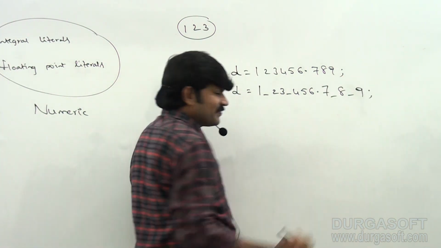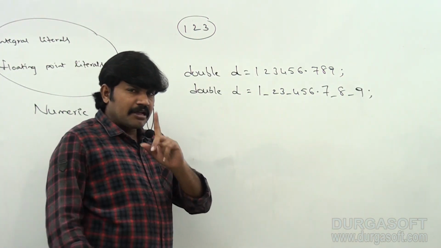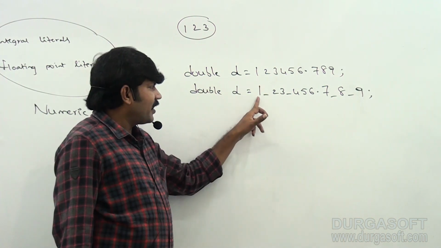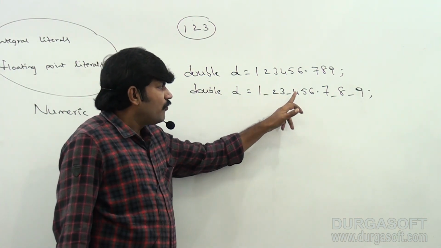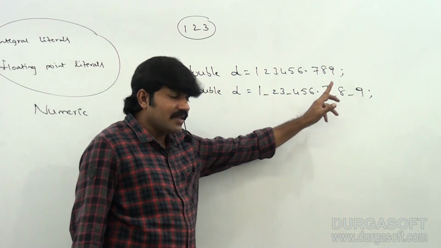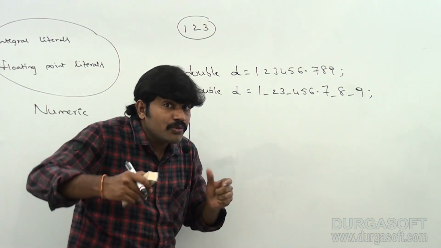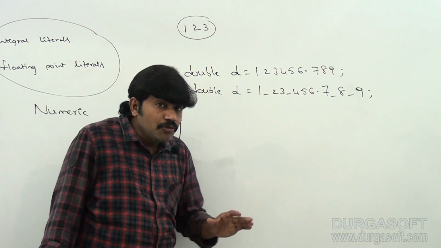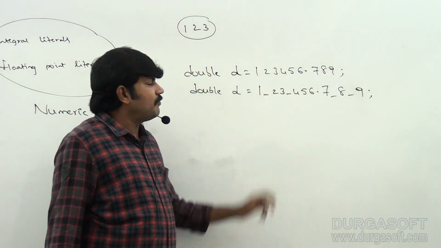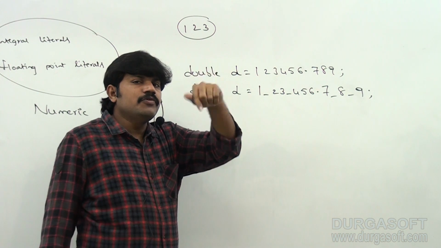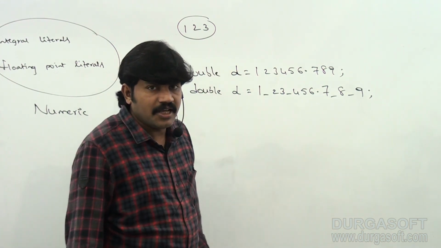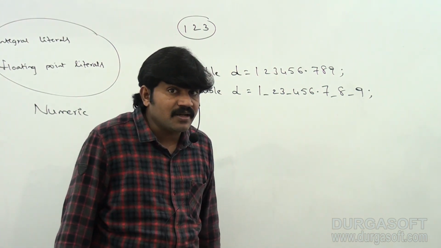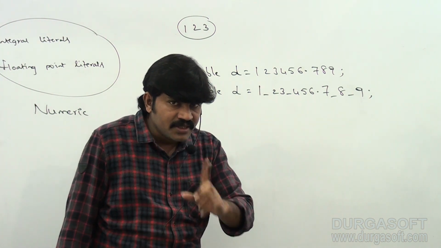Now observe, clear separation is there. So to improve this type of readability, you can happily use the underscore symbol between the digits. This concept came from the 1.7 version onwards. Any doubt about this? Clear, right?